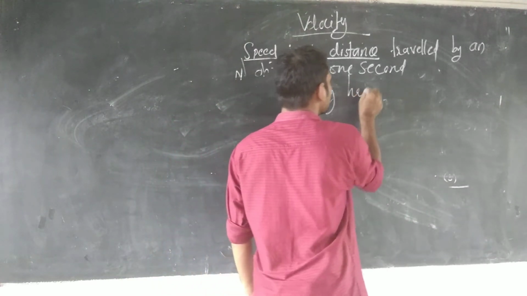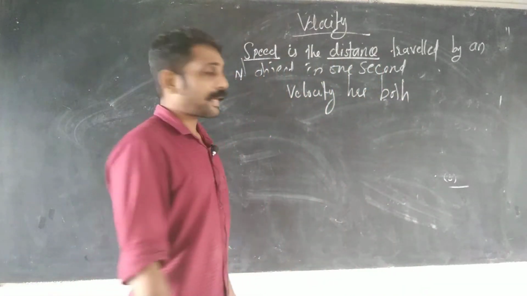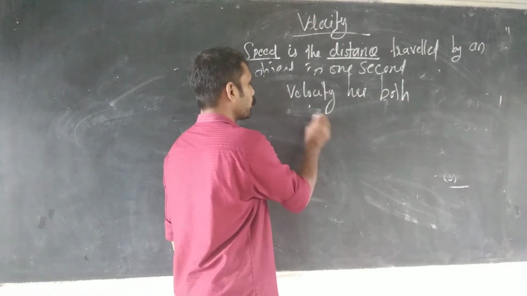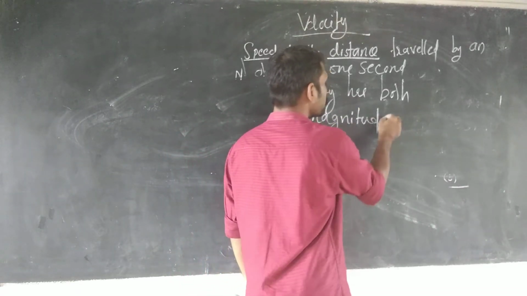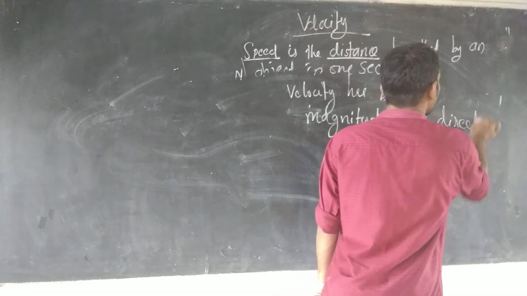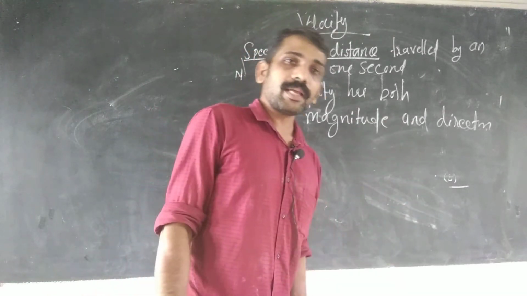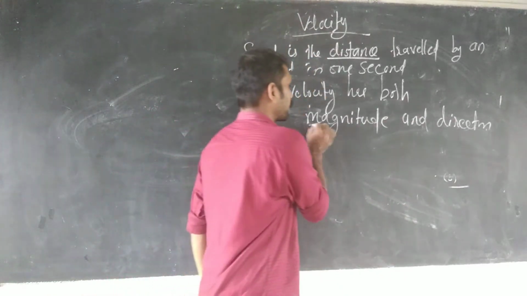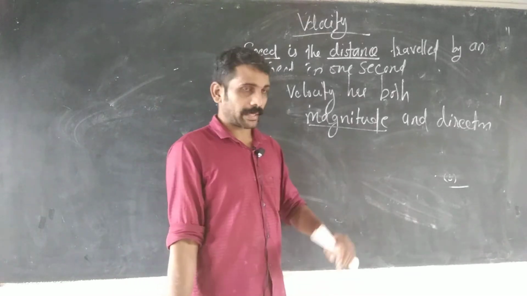Velocity has both magnitude and direction. Speed has only magnitude but no direction.